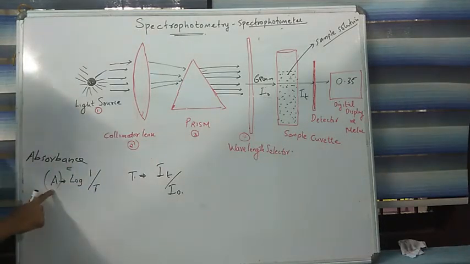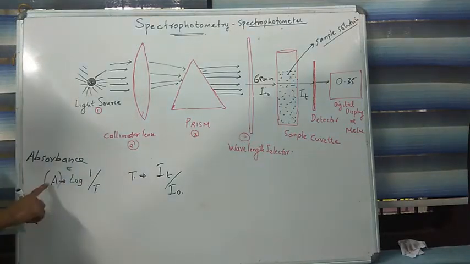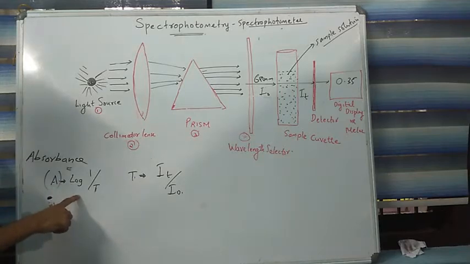Absorbance A is equal to log 1 by transmittance. That is, absorbance is equal to the log of the inverse of transmittance.